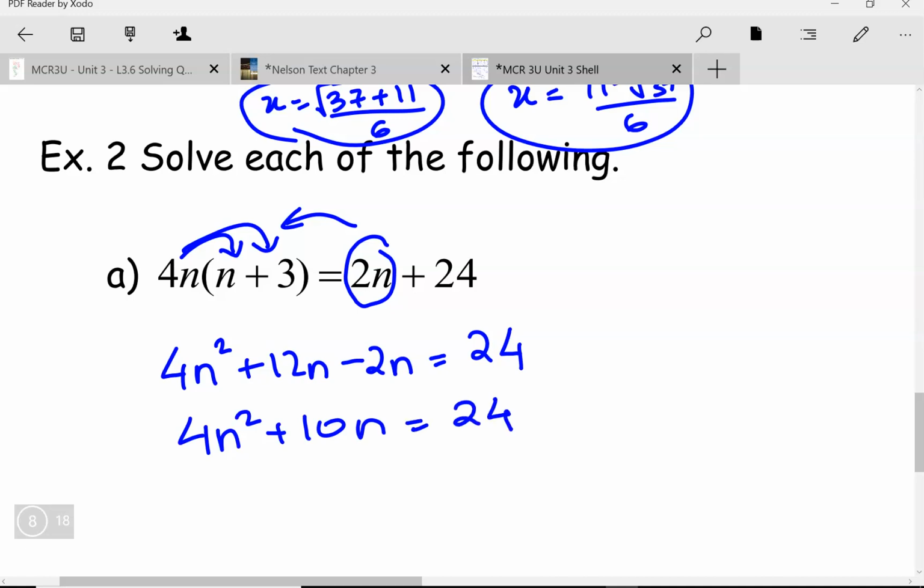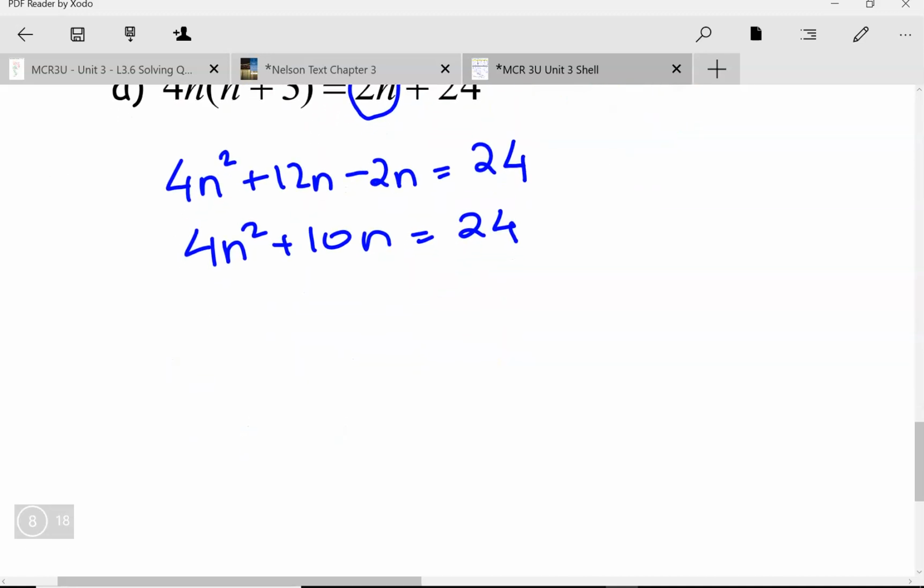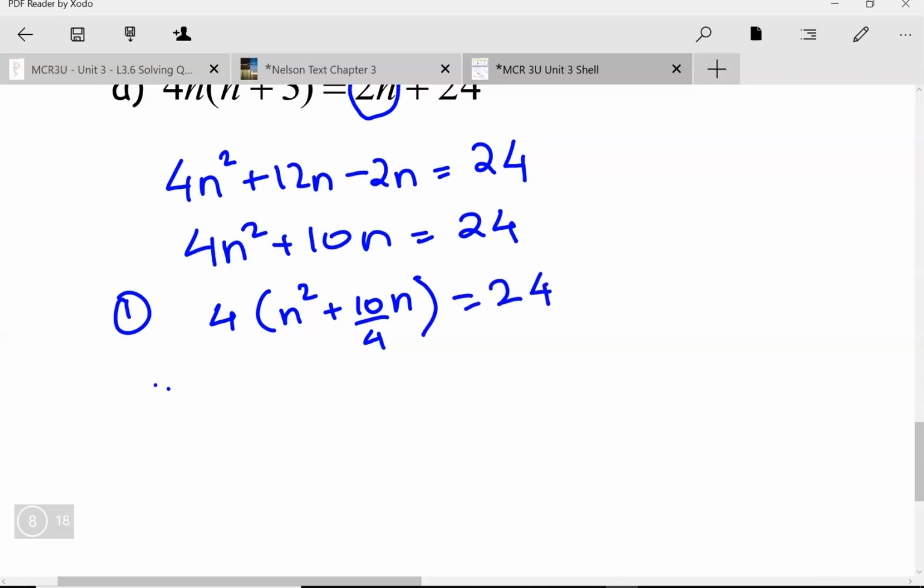Now this looks very much like some things that we've done before. So now we actually get to start our first step, which is to group the n terms, the 4 out of there, I should say. Our 1.5 step was to divide both sides by 4 so that I can get rid of that 4 outside the bracket.